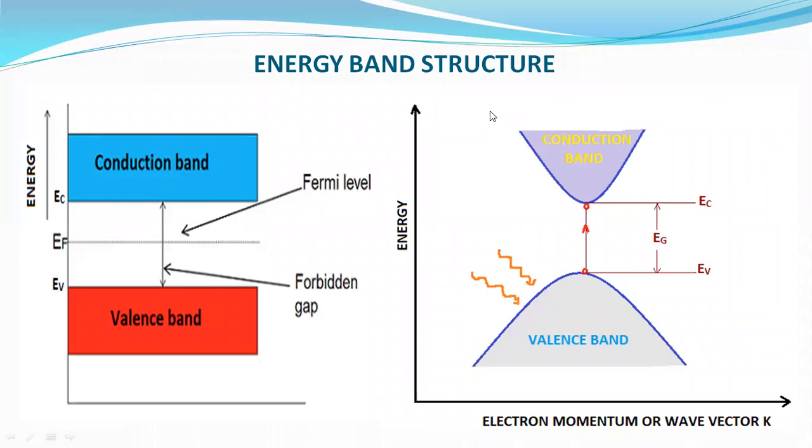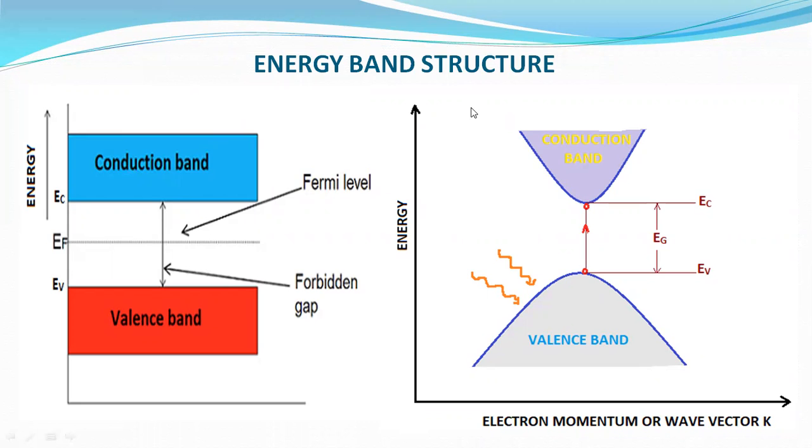Then if we consider the energy band diagram which we have drawn earlier in this type of figure, the conduction band is flat and the valence band is flat. Practically this is never going to be like that.